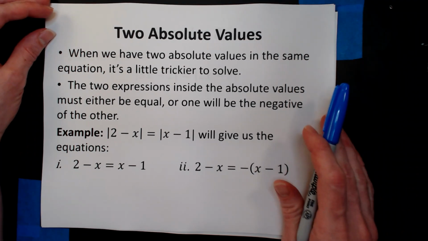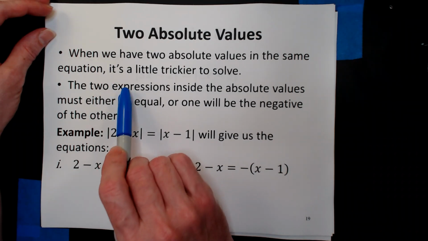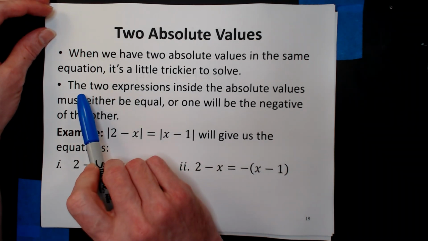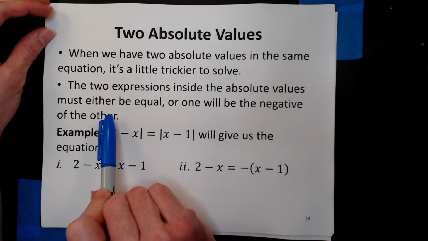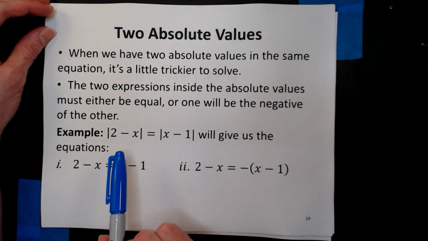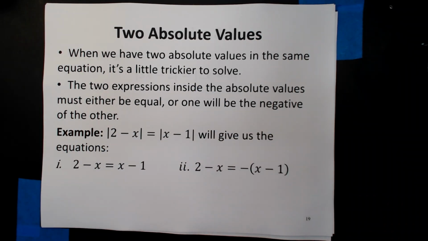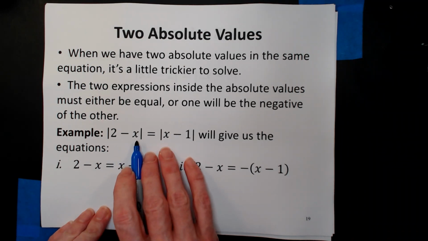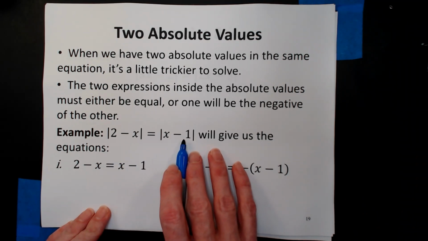So, two absolute values. When we have two absolute values in the same equation, it's a little trickier to solve. The two expressions inside the absolute values must either be equal, or one will be the negative of the other. So here they have the absolute value of 2 minus x equals the absolute value of x minus 1.